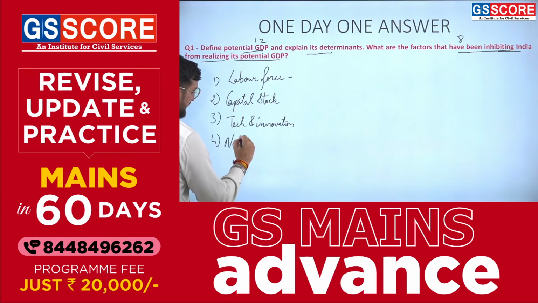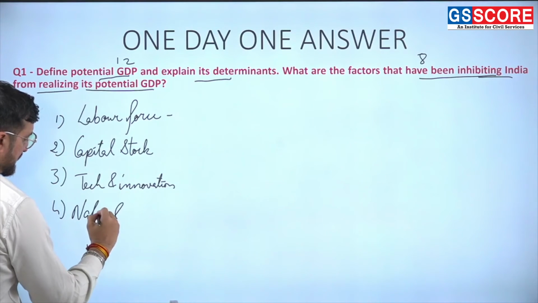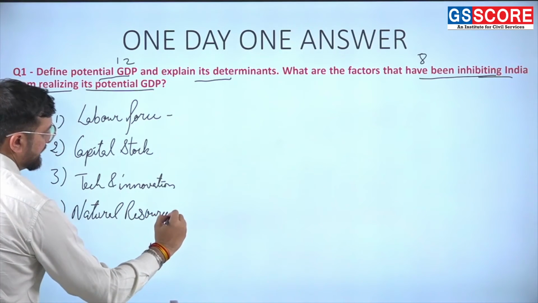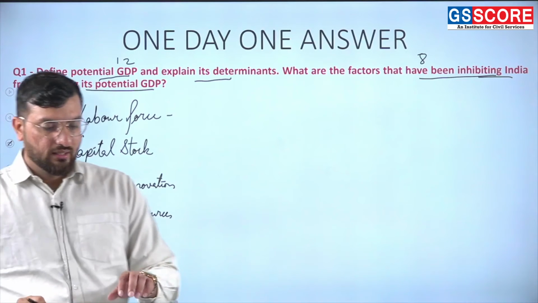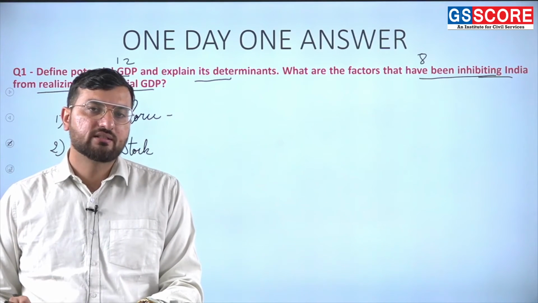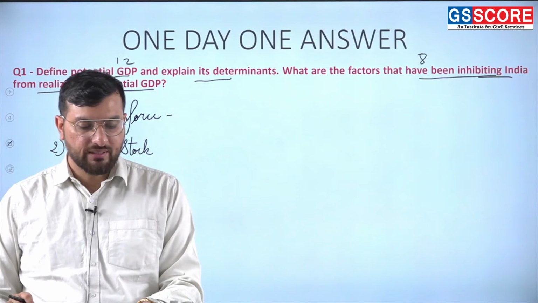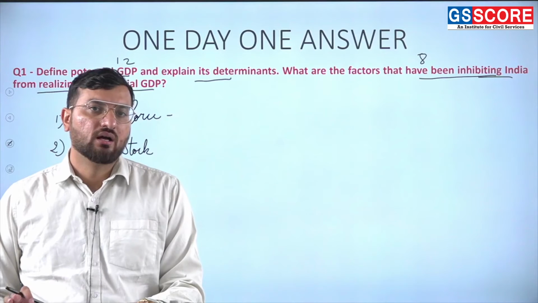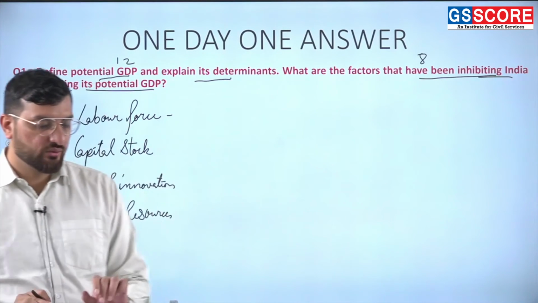Then natural resources can be there. In natural resources, efficient utilization of our existing resources. Land, minerals, and energy can be used to produce efficient amounts of energy and resources.